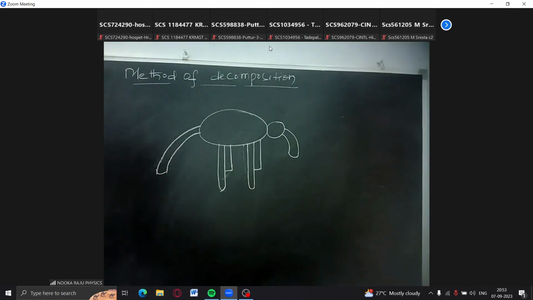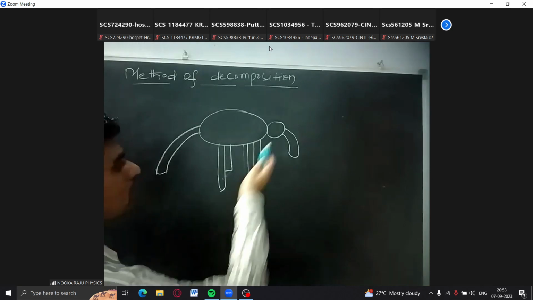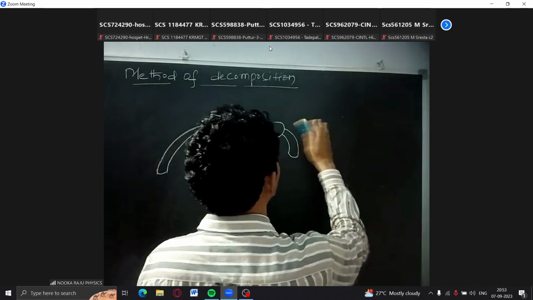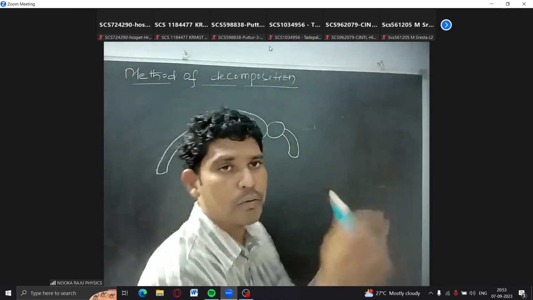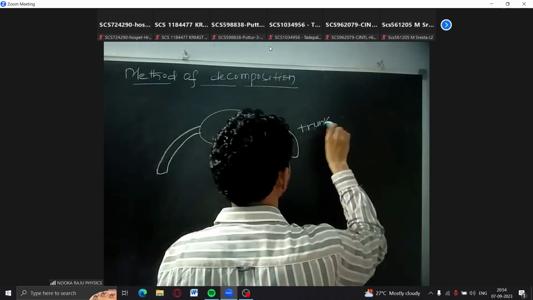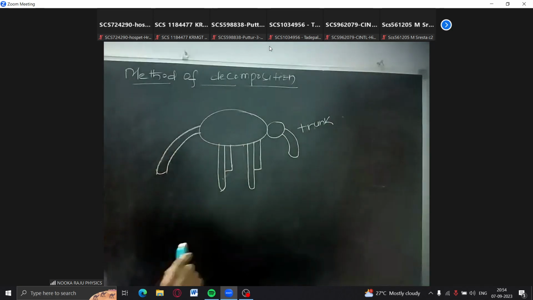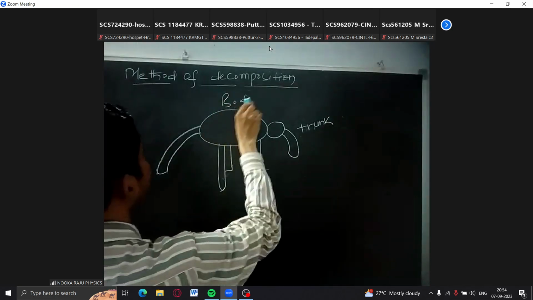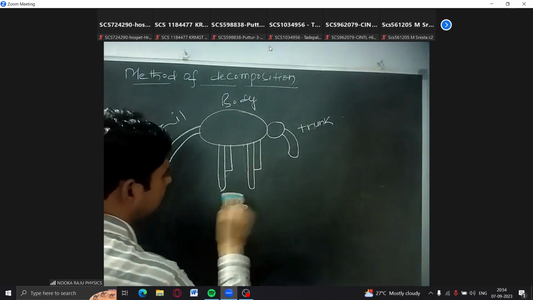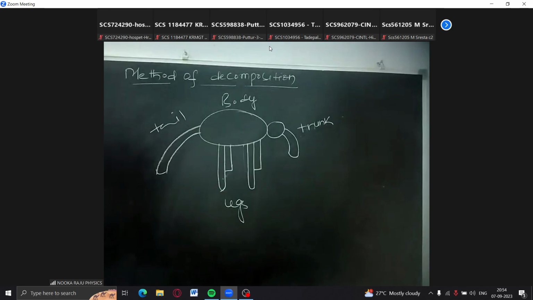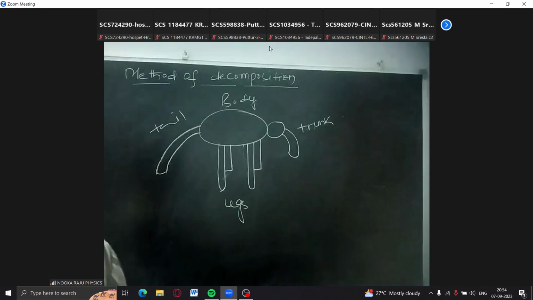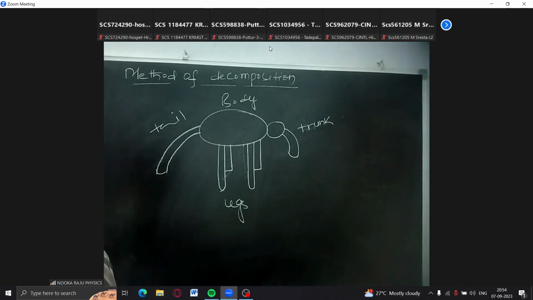Now here, try to understand this diagram. This is a trunk. So here, I want to divide it into different parts. This is a trunk. This is the body, totally the body. This is the tail. These are the legs. Now I want to consider the different centers of mass of different masses.